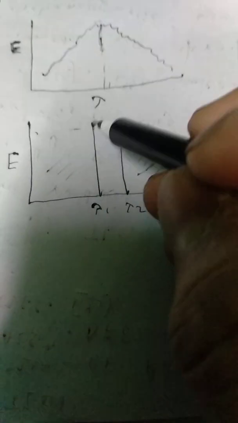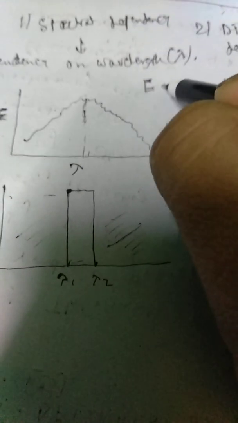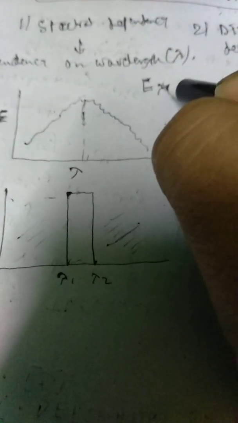In the case of spectral dependency, we denote this emissive power by E lambda.